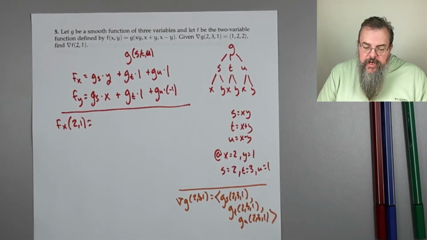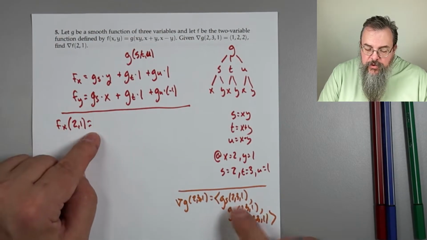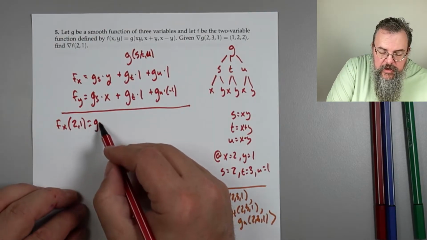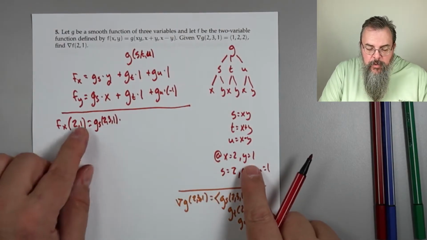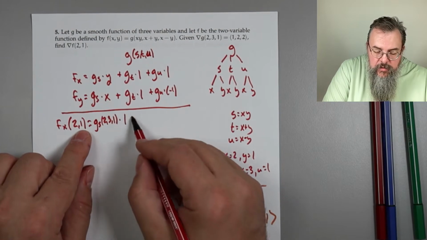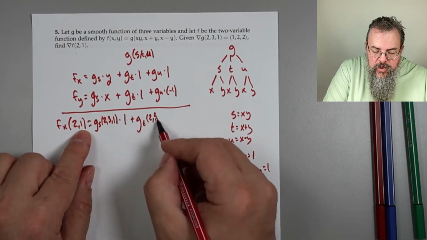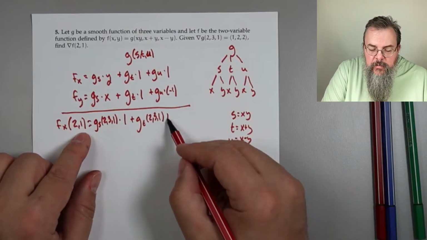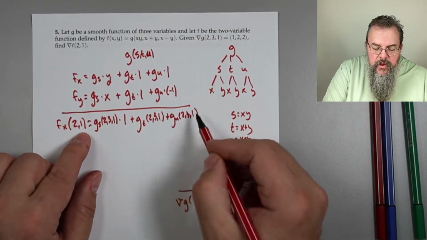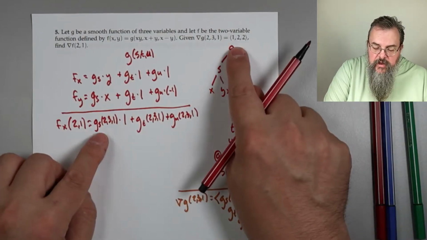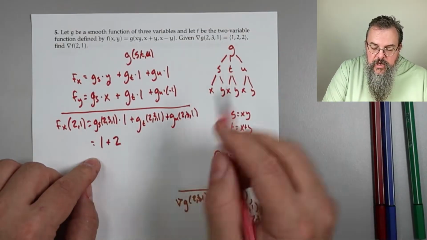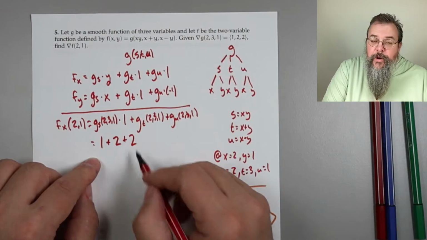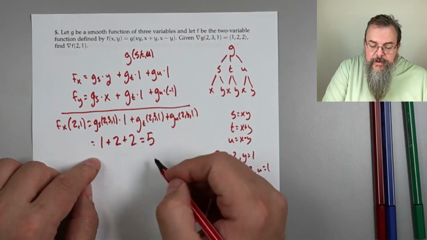So when we're reading this off, we can find that out. I'm going to do this a little bit longhand: g sub s at 2, 3, 1 times y, which is 1, plus g sub t at 2, 3, 1 times 1, which is redundant, plus g sub u at 2, 3, 1. Well, g sub s at 2, 3, 1 is 1, plus g sub t is 2, g sub u is 2, so 1 plus 2 plus 2 makes 5.